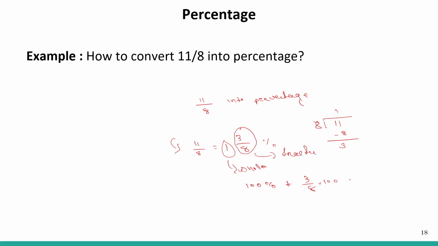By dividing it by 4, what we are left with is 25 here. So this gives 37.5%. So this will be 100% plus 37.5%, which is nothing but 137.5%.